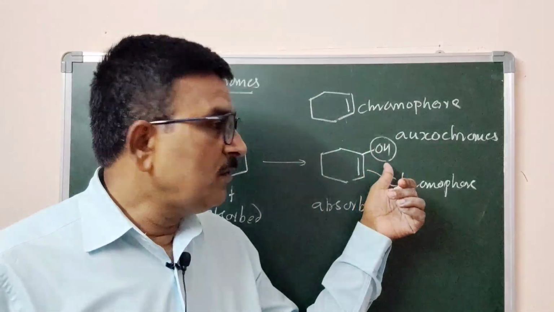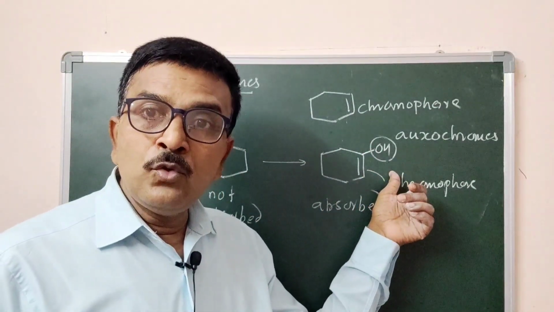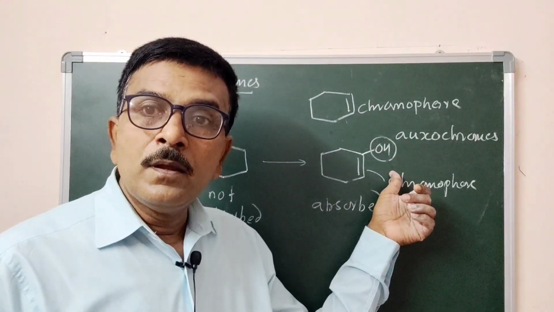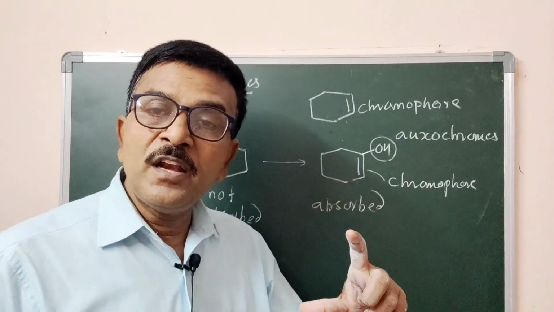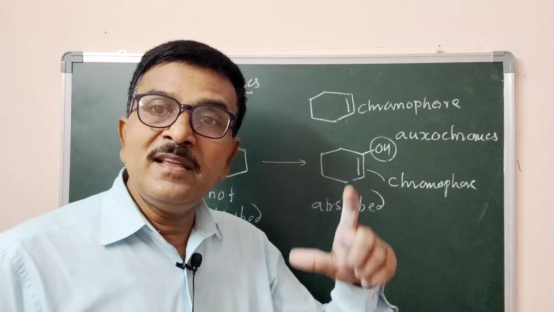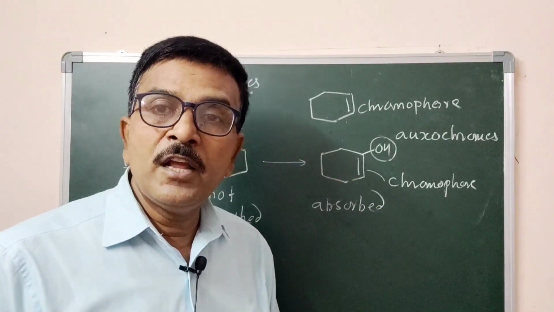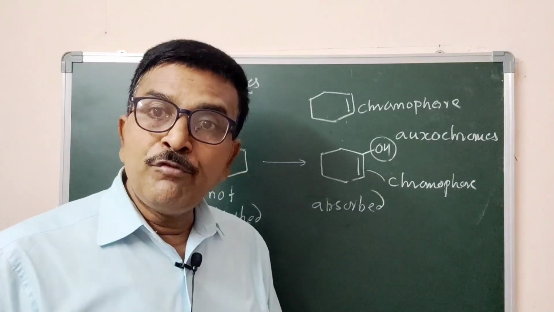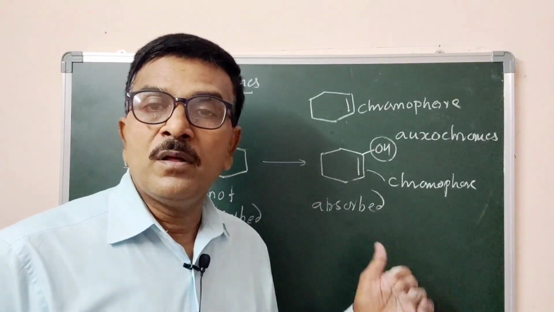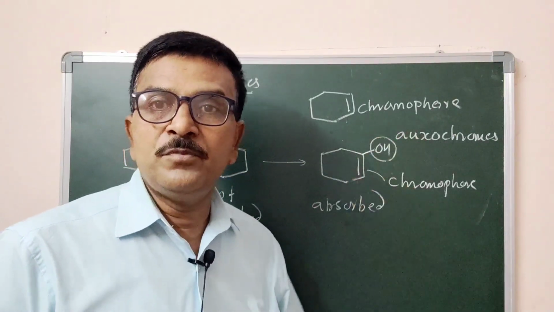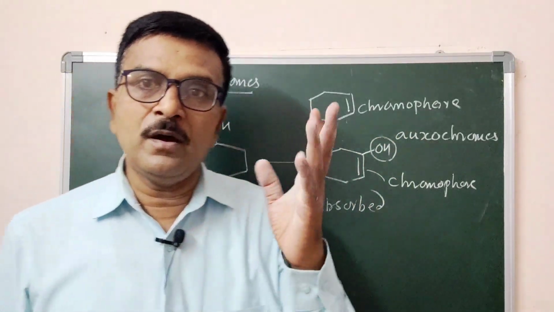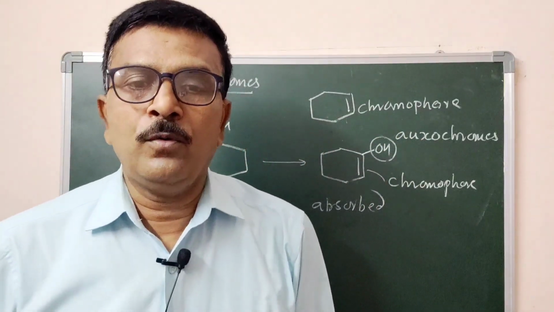Why? Because the auxochrome improved the resonance energy, thereby decreasing the energy difference between the bonding and anti-bonding molecular orbitals, therefore more absorbed here. Here it is less absorbed. So this is the difference between auxochrome and chromophore.